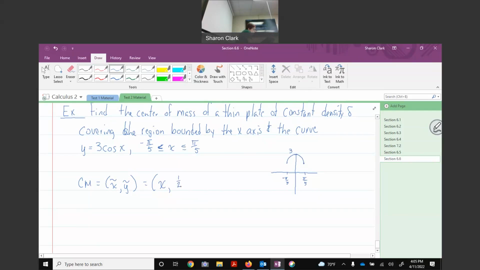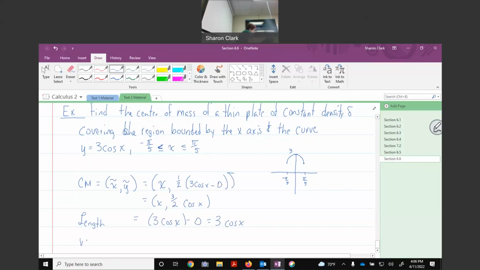F of x, which is 3 cosine x minus 0. So it's x, comma, 3/2 cosine x. Our length is equal to 3 cosine x minus 0, which is 3 cosine x.